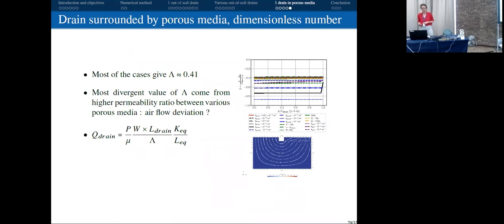Okay, so we find a lambda and a relationship between the inlet flow rate and the pressure and various parameters of the systems. And the question now is, do we have the same relation in the case with various drains?